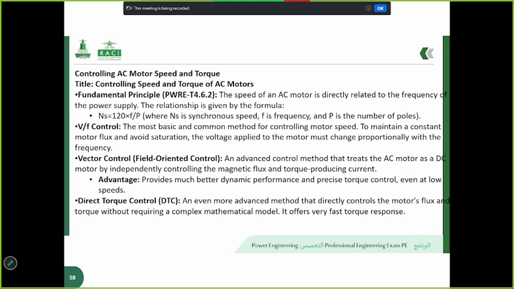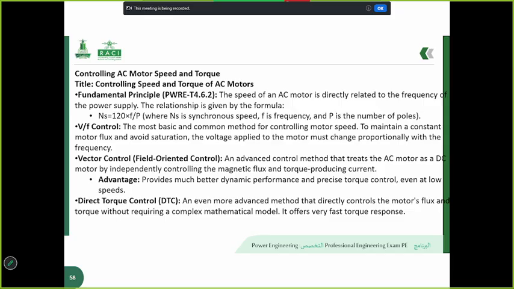However, for more demanding applications, a more advanced technique called vector control or field-oriented control can be used. So this method treats the AC motor like a separately excited DC motor by independently controlling the motor's flux and torque producing current components.